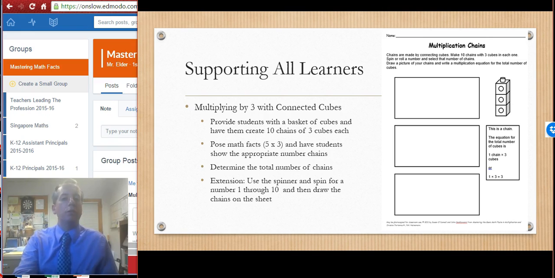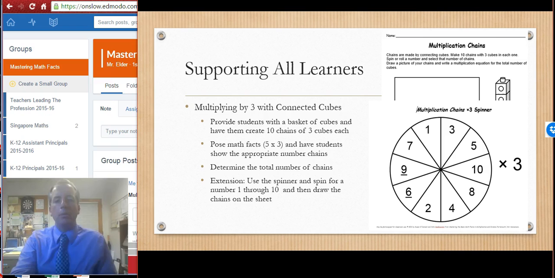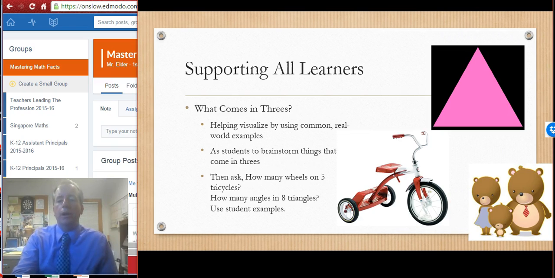And 8 stacks of 3, well, how many is that? Well, I'm going to write my multiplication sentence. 8 times 3 is, and if I'm not sure, I've got the cubes right there to solve it. And I'm going to do that 3 times. You could do this a lot. You could do this repeatedly. You could do it as a challenge in terms of who gets the most wins if you wanted to make it into something of a little activity or game activity.